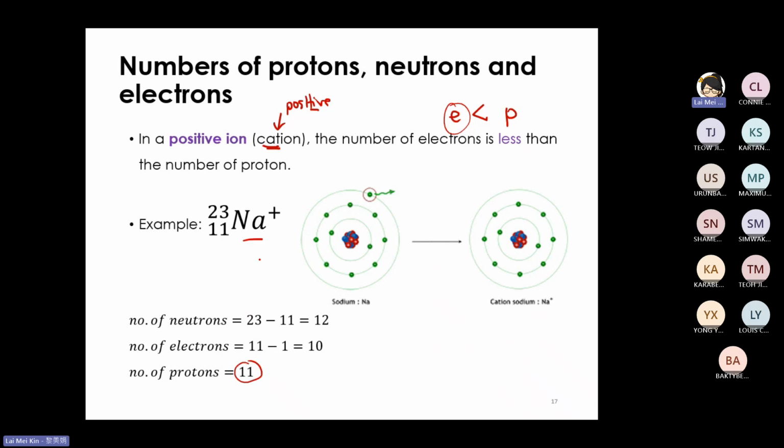Originally in neutral, I will have 11 electrons, but now I have a positive 1 charge. What does positive 1 mean? One electron is removed, so I minus 1 and get 10 electrons. And number of neutrons is nucleon minus proton, so I will have 12.